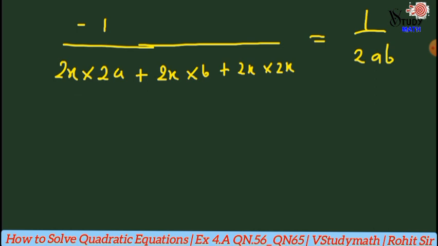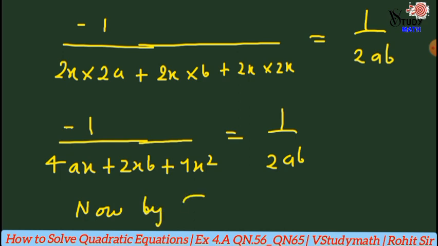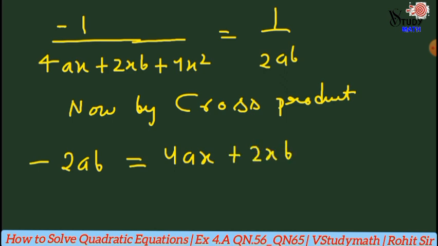Now we have negative 1 upon (4ax + 2xb + 4x square) is equal to 1 upon 2ab. Now by cross product we have negative 2ab is equal to 4ax + 2xb + 4x square.